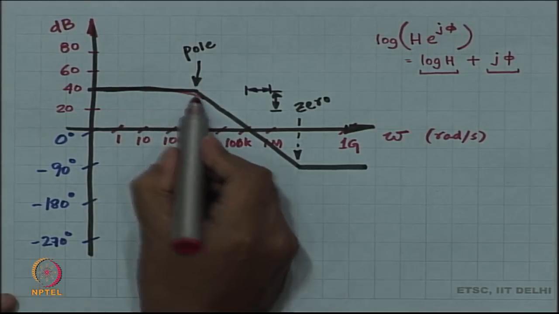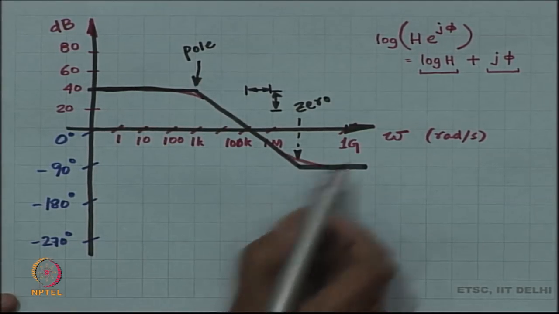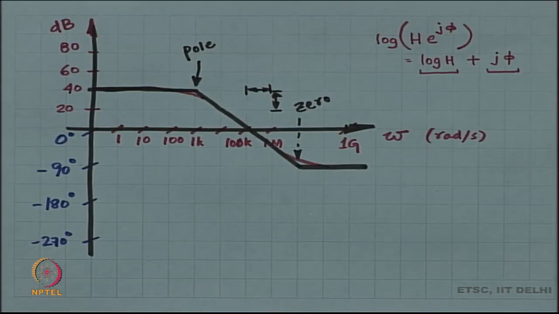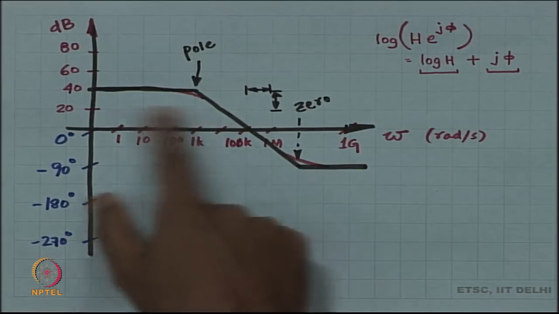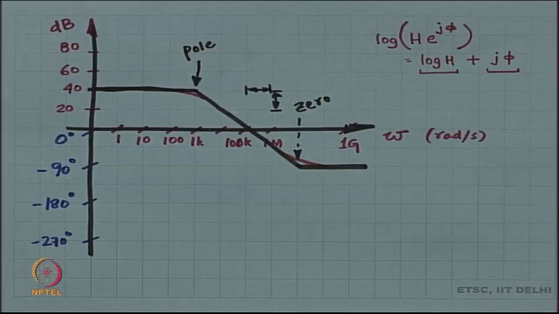At the corners you have to cut a little bit, and the amount to cut is also there. You have to cut by 3 dB at the corners. All of this is part of the Bode plot theory, how much to cut the corners by. So, you have to cut the corners and then smoothen the line by 3 dB.